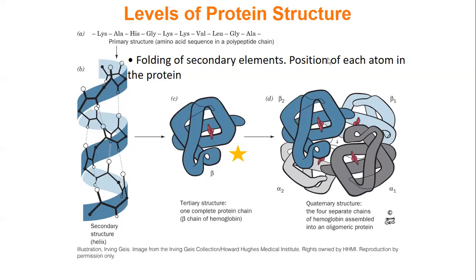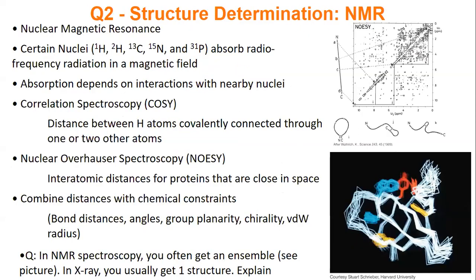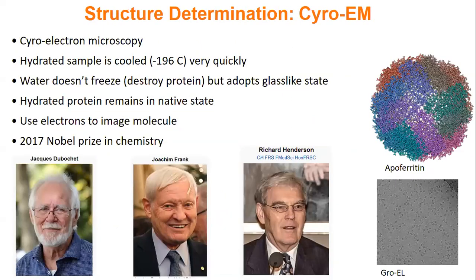We talked about how we can find tertiary structure by doing X-ray crystallography, and we also talked about how we can get it using NMR. Now, there's a couple other ways, but one of the big ways to get tertiary structure now is through a process called CryoEM, or cryo-electron microscopy.